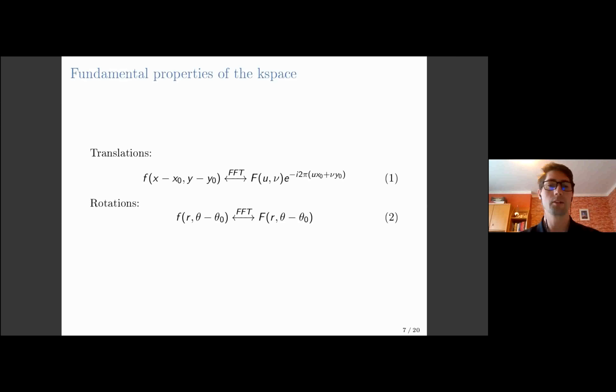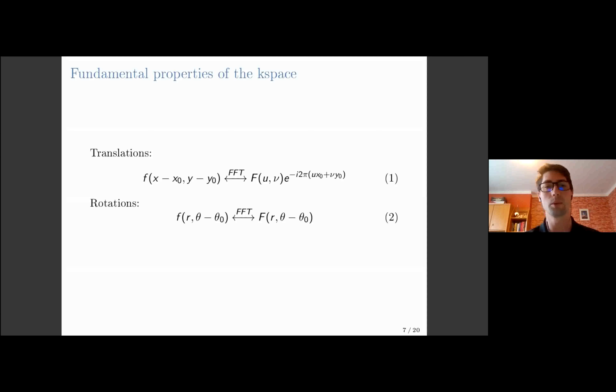So only the phase changes with the translations. And with the rotations, it's even more straightforward. If there are any rotations in the image, then the k-space is rotated by the same angle. So it should be quite easy to find those motion parameters directly in the k-space.